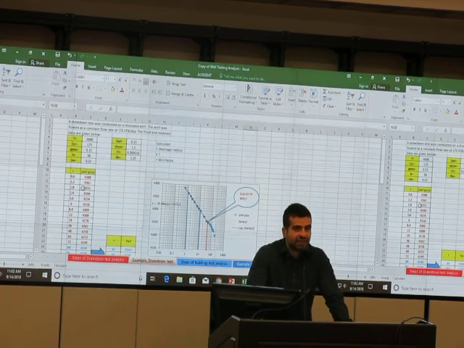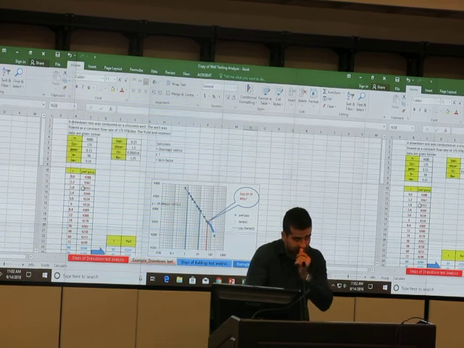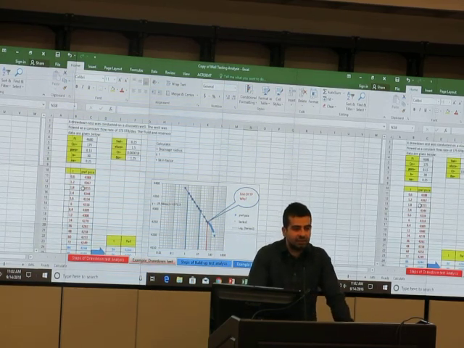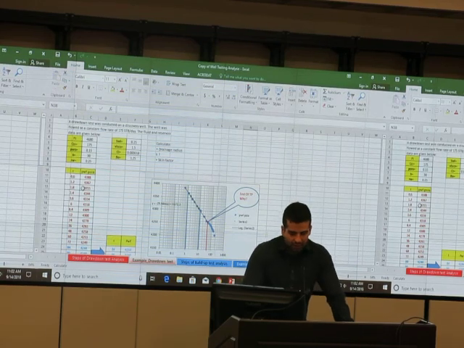So is it clear? You're going to have a question in exam that you are required to plot the data in a semi-log with Cartesian coordinates. Is it clear? Okay.